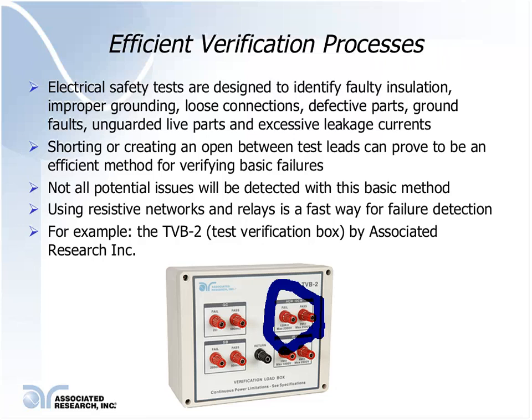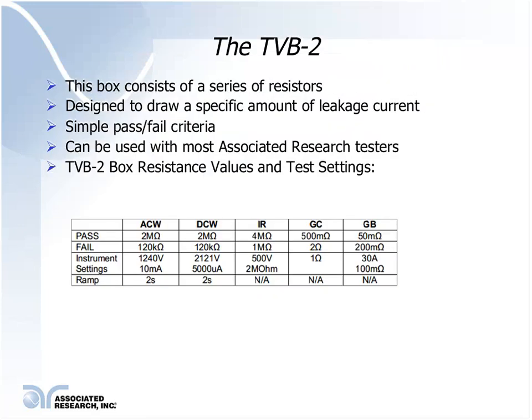Basically, what's being done here is separate resistance values from each post is being connected back to the return post on the box, just to form a network of resistors for verification. And like I said, we're using this test box just as an example.